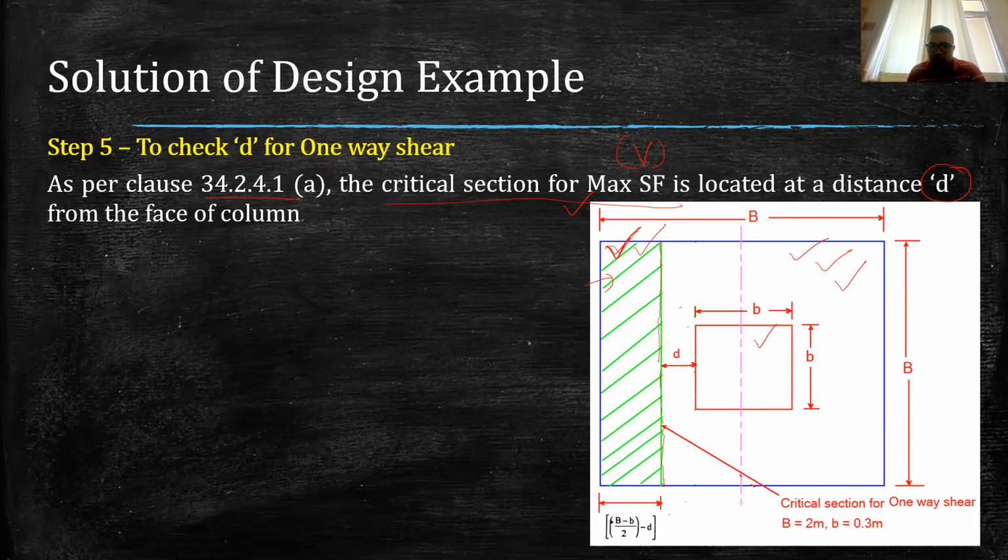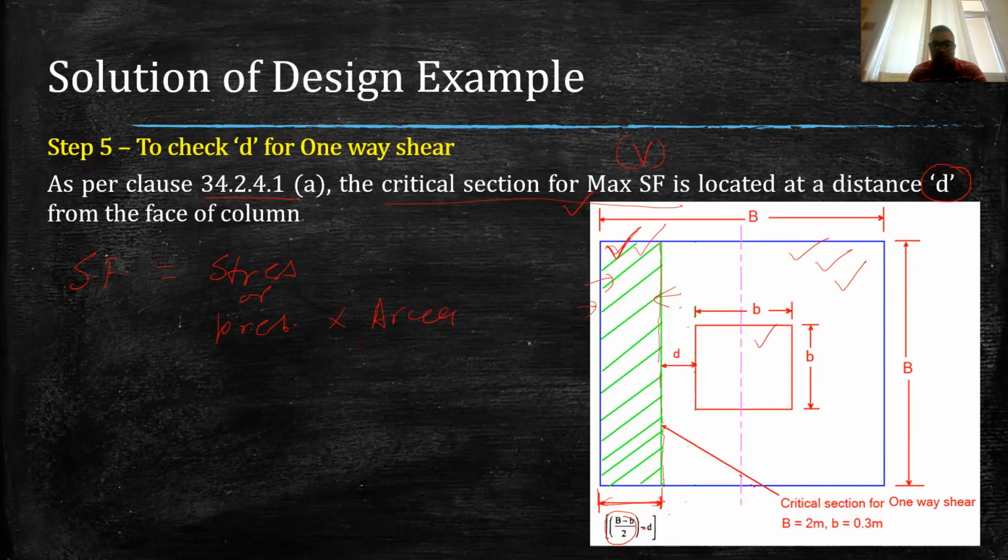Now before that, we have to find out what this width is. So this width will be B minus B by 2 minus D. So that is the width on the LHS. So here again, shear force will be stress or pressure into area.